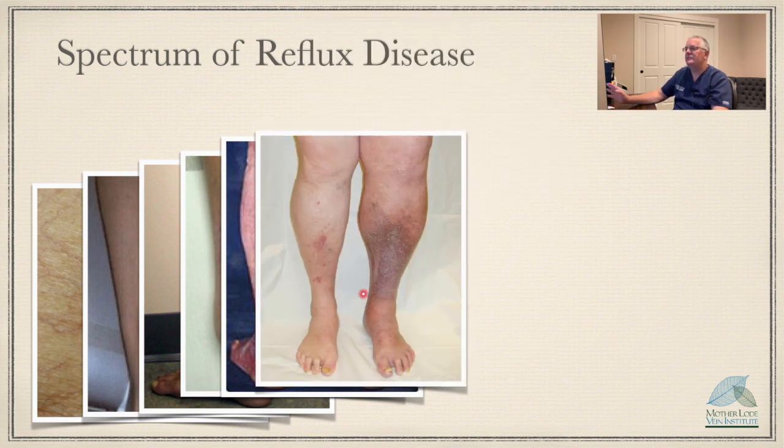So when venous reflux gets more advanced, I should say, you start to get what we call lipodermatosclerosis. It's a little bit here, but it's more prominent on this leg. And you can see the chronic inflammation occurs. We don't know exactly the mechanism. We know it's a leukocyte, or white blood cell, mediated kind of an inflammatory process.